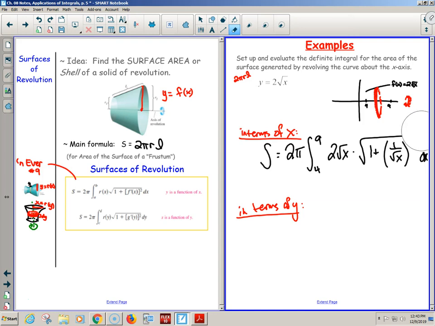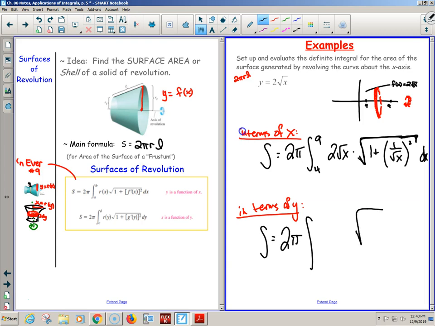So Ryan's struggling. Ryan, hang in there. Remember the 2 things. How about the y? What would that have looked like? Sadly, not 4 to 9 anymore. But what would have been here?